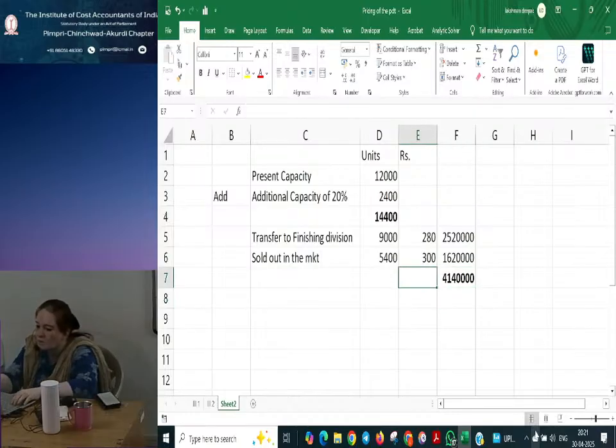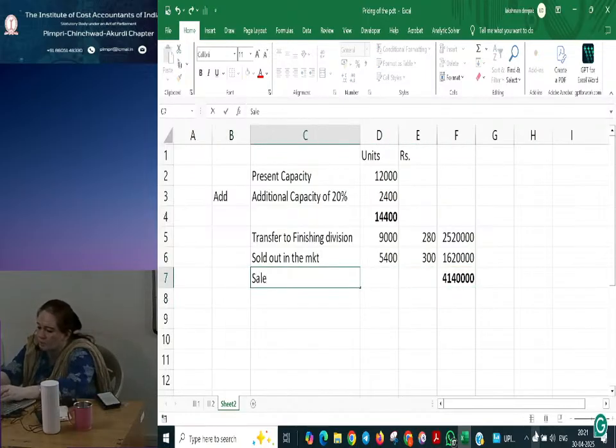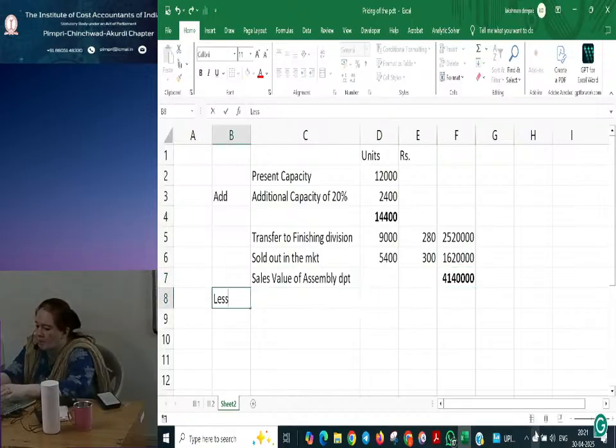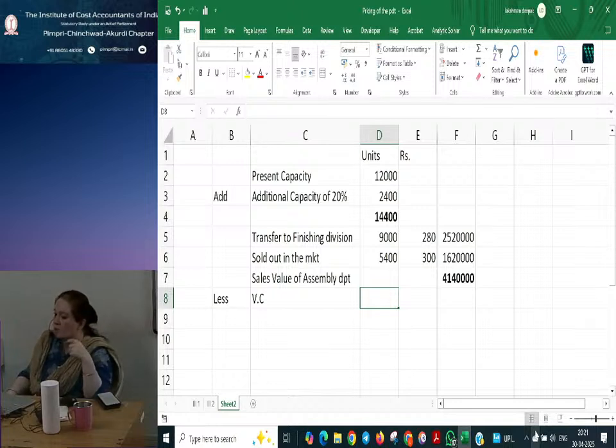So now this is the sales value. This is the first proposal of the assembly department. Next comes the variable cost. Variable cost, we know, is going to change according to the output. So what is your variable cost? It was 24 lakhs at 100%. But now is this 100 or 120%? It is 120%.